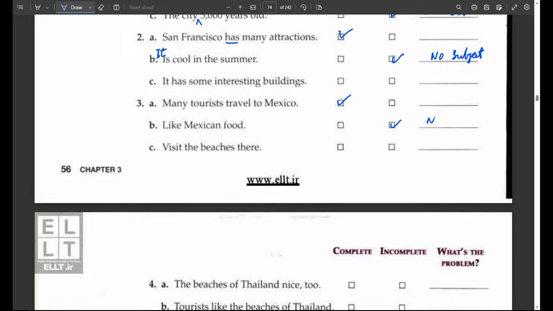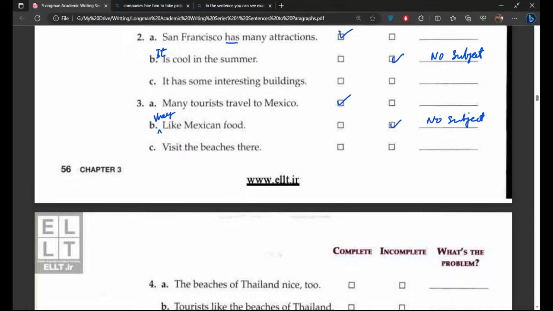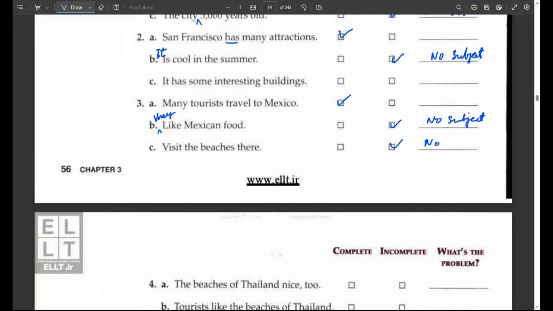So no subject again. We could say here they. Many tourists, they. We could use they for them. They like Mexican food. And visit the beaches there. Again no subject, it's incomplete. We could use they here as well. They visit the beaches there.